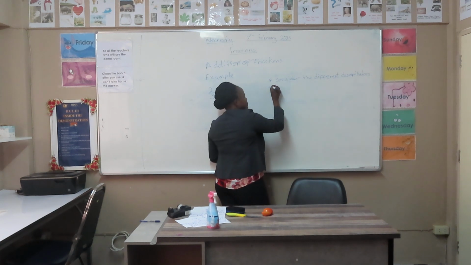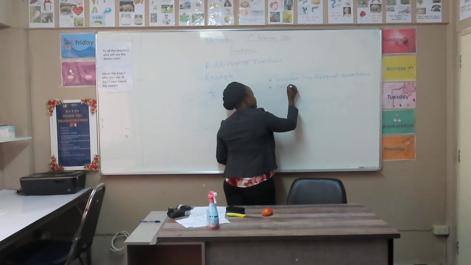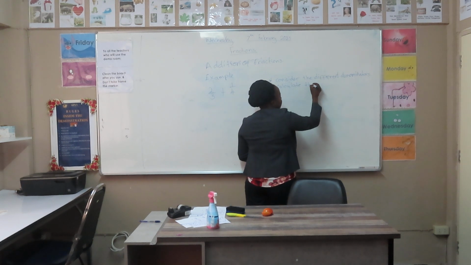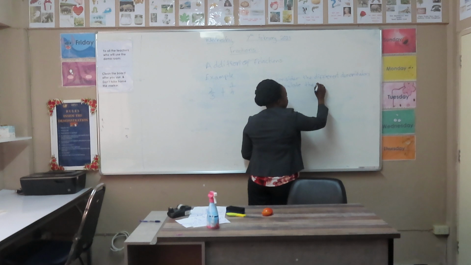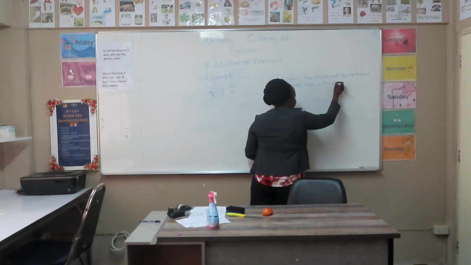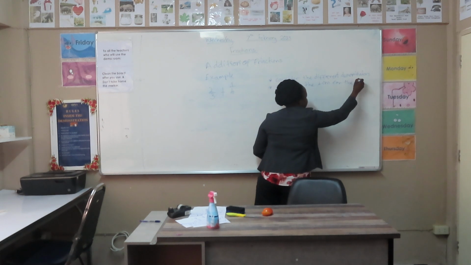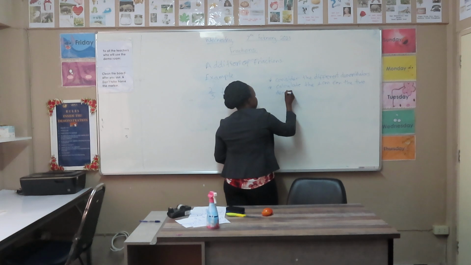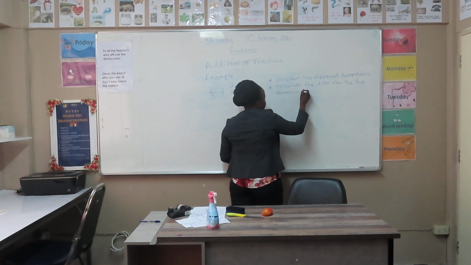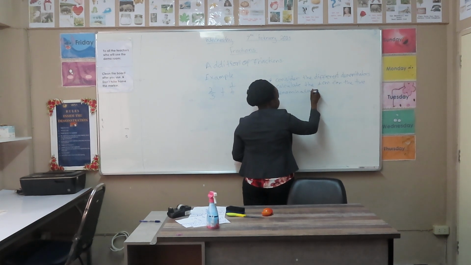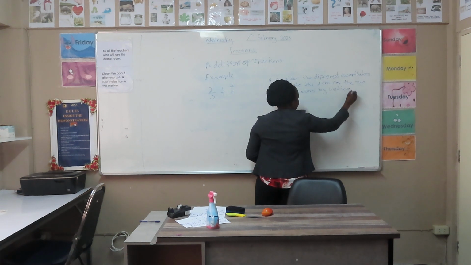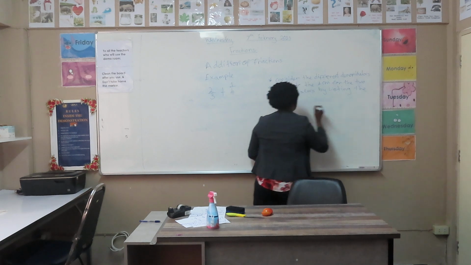Then step 2, calculate the LCM for the two denominators by listing the multiples.